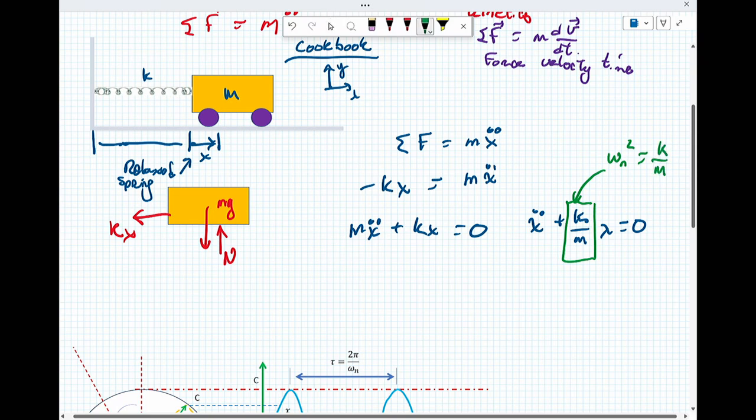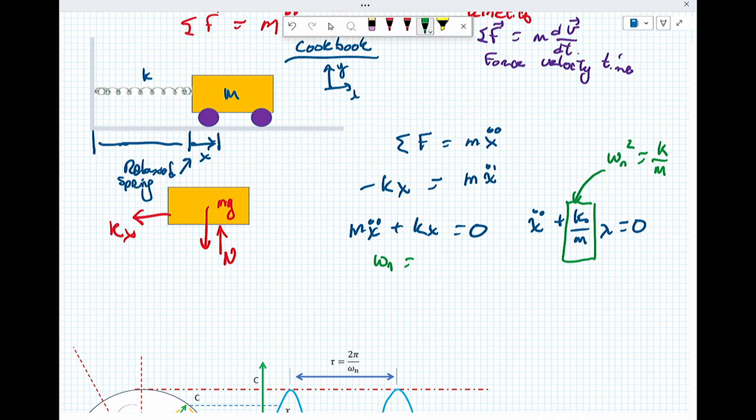So I need to be able to recognize what my terms are out of an equation that is going to look exactly the same no matter how many different ways I write it. So omega n, which is the natural circular frequency, and I'll go into more details in a few minutes, has the form square root of k over m. So it's the spring constant over the mass.